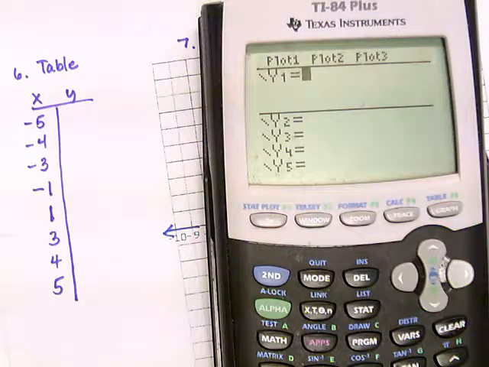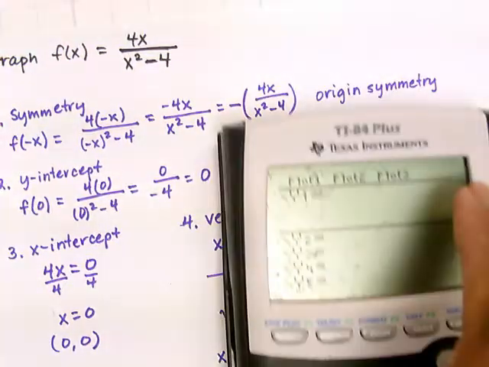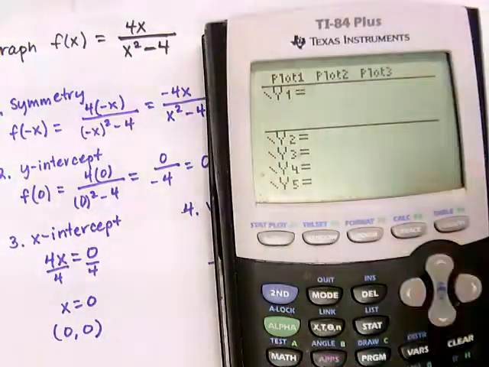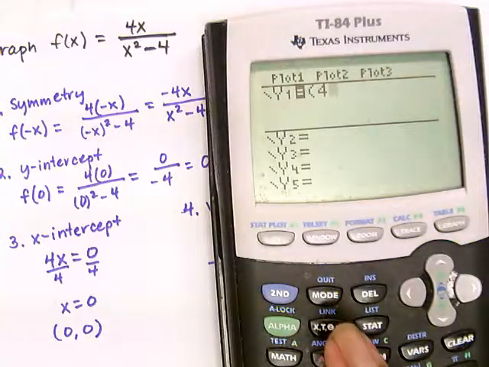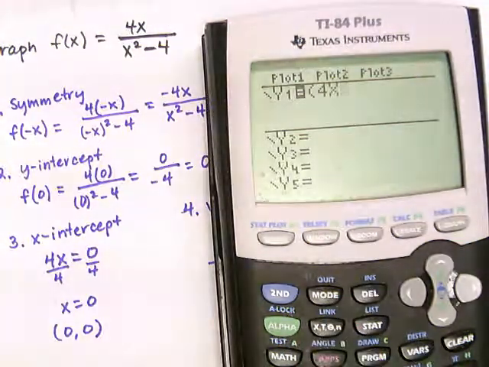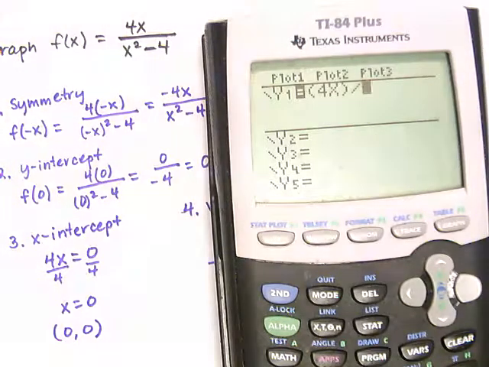Now, the numerator and the denominator I'm going to put in parentheses here. So in this case, that 4x will be in parentheses, so I do left parentheses, type in the 4, and then I'm going to use the X,T,theta key for the x, and then close the parentheses. And then that's going to be divided by, the denominator will also be in parentheses as well.